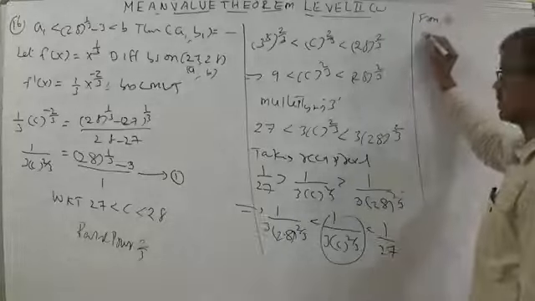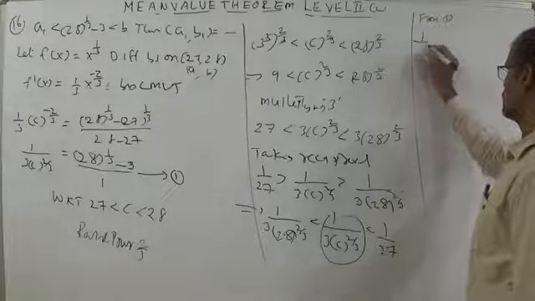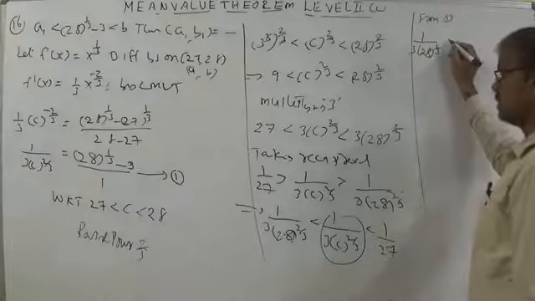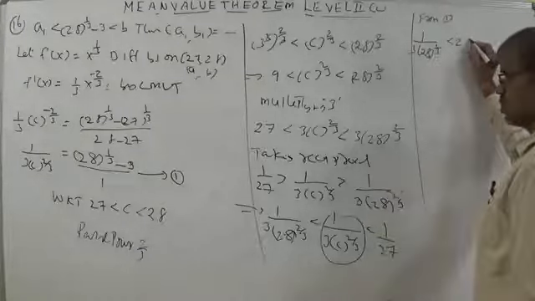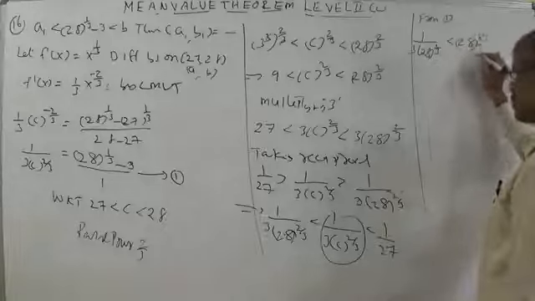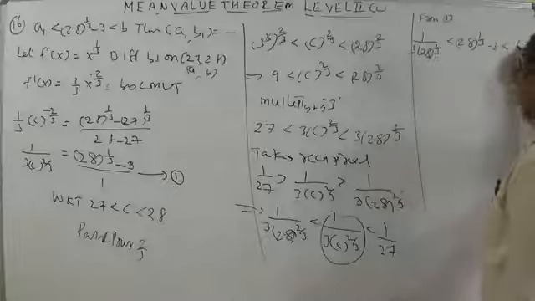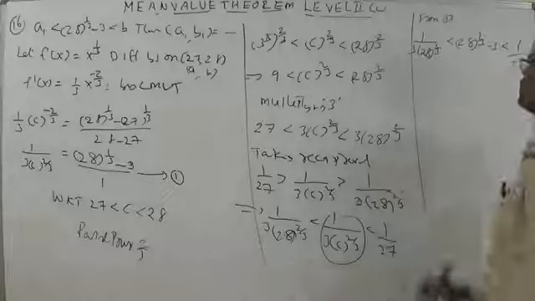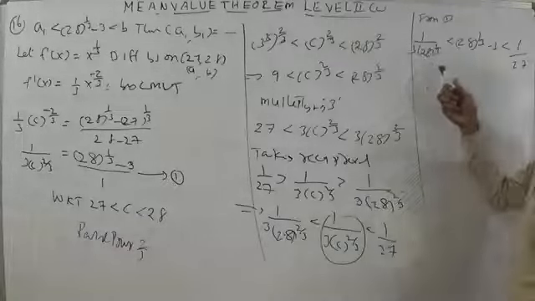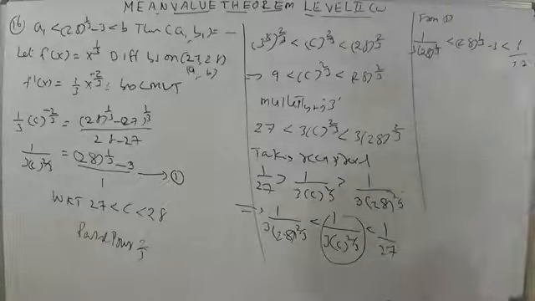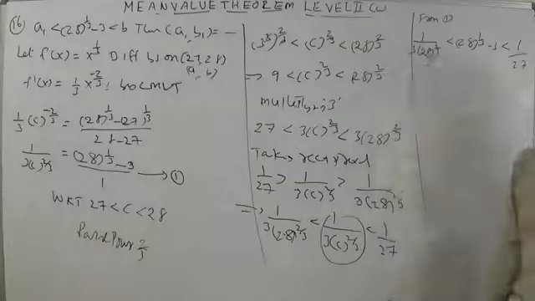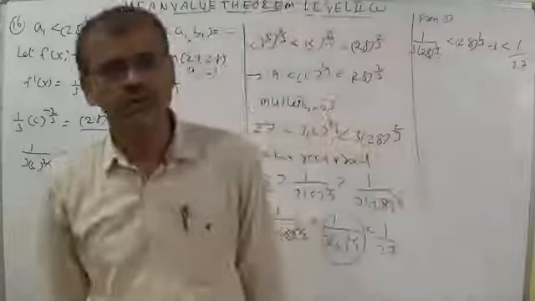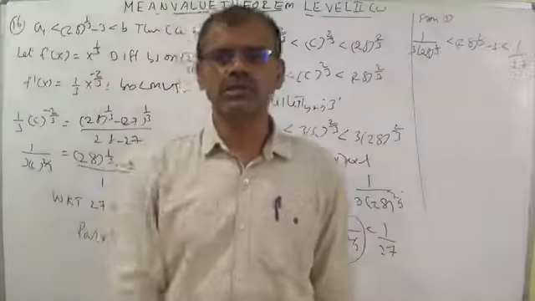From the first equation I am writing this calculated 1 by 3 into 28 power 1 by 3 less than 28 power 1 by 3, this one you can write minus 3, less than 1 by 27. Everyone knows that. For example, let students try to understand that here 28 power 1 by 3 into 1 by 3. 28 power 1 by 3 having some value into 1 by 3 equal to 0.33.